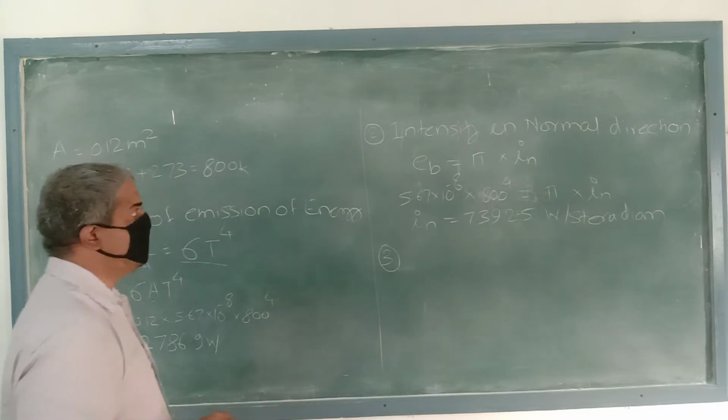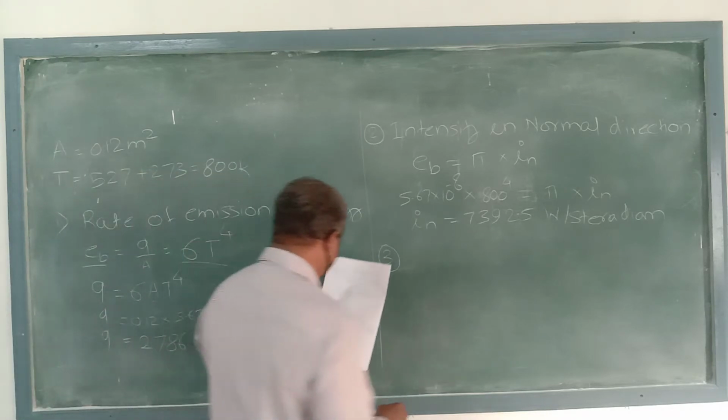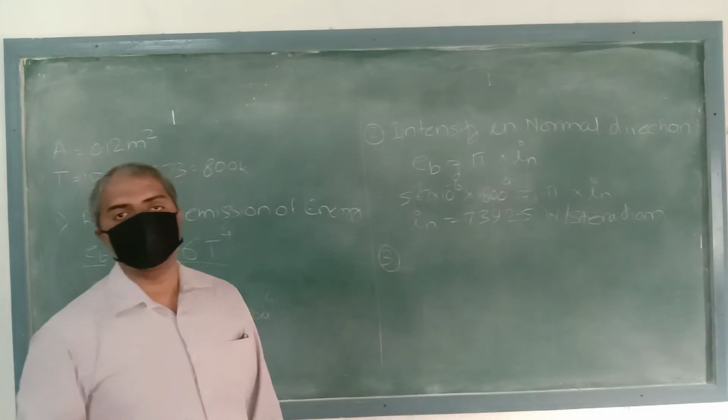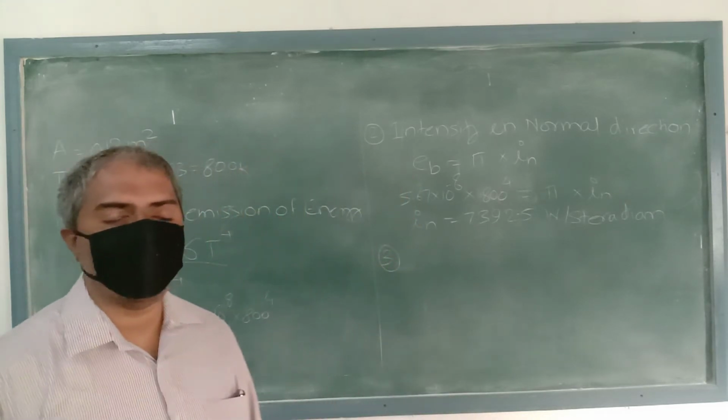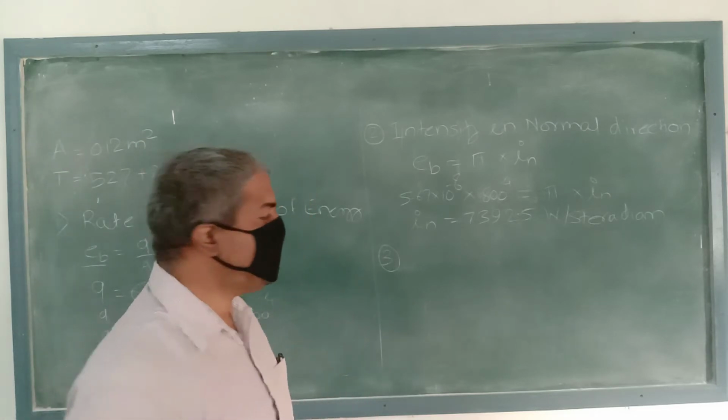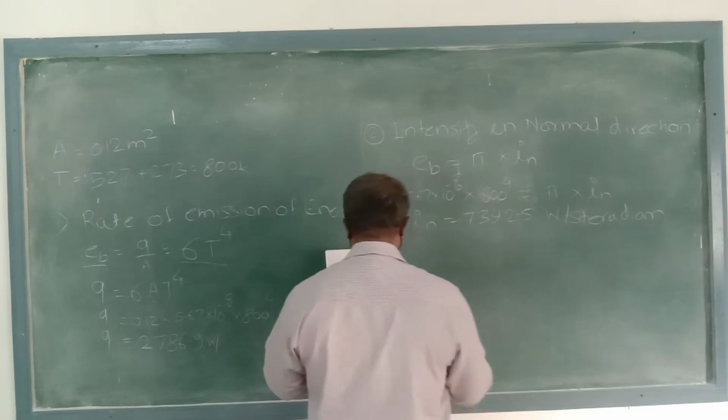Now, last we are going to find out the wavelength of maximum monochromatic emissive power, and whenever we are going to find this, we are going to apply Wien's law.